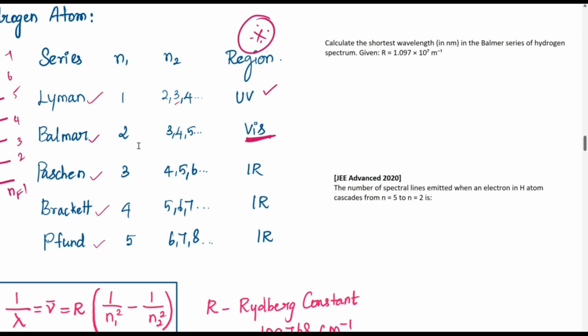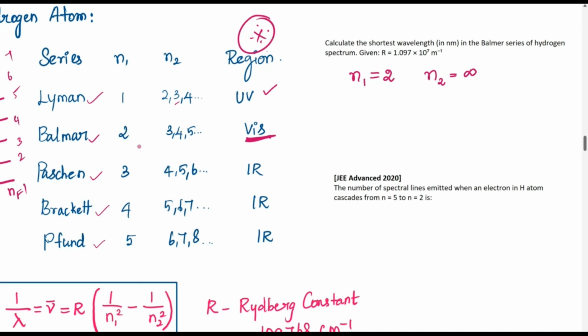So how can we solve it? n1 is equal to 2, right? And n2 is 3, 4, 5 and goes on. They are asking for the shortest wavelength. We don't know which region it just attained, so I'm taking it as infinity.